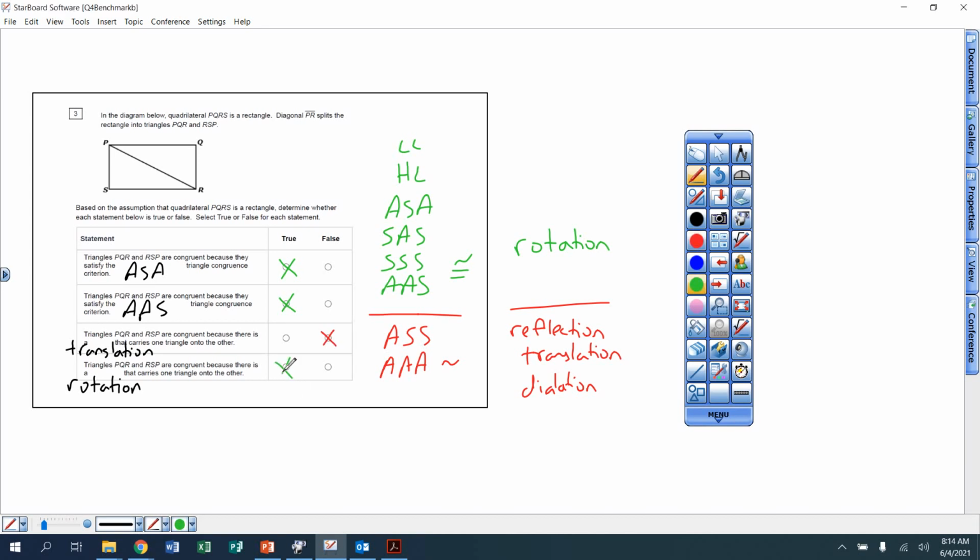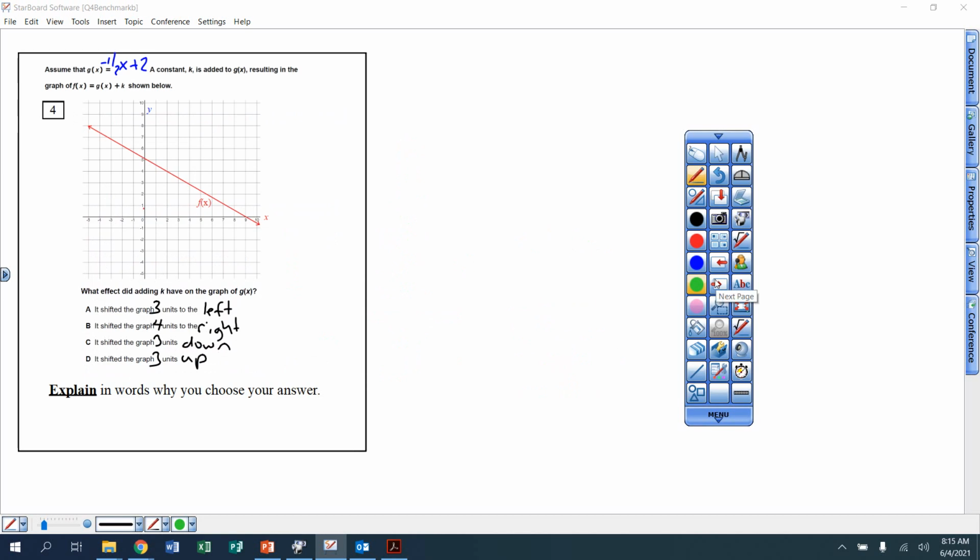All right, moving on. For this guy, know that this 2 tells you where to start on the y-axis, right here. That line, if I really graphed it, would have the same slope as that red line, but it would be going through 2 on the y-axis.